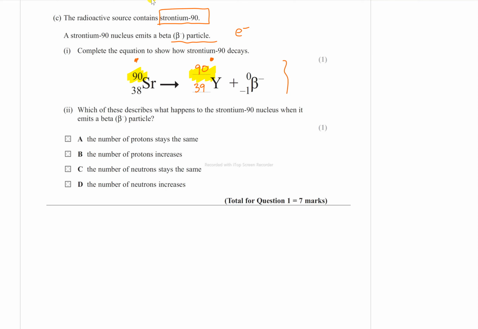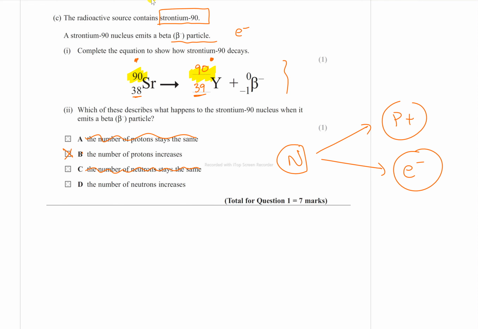What's happened to the number of protons there? It's increased. So the number of protons increases. The number of neutrons, no, because the neutron decays to give a proton. So look, a neutron will split up to give a proton and an electron.